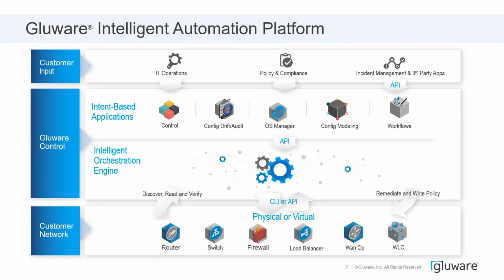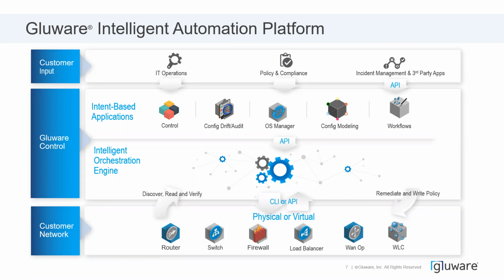And then finally, from the apps' point of view, and this is covered in research by 451 and others, the goal of automation is to begin to get beyond just low-level task-based work and move up towards automating procedures, automating end-to-end activities. And so the workflow capability within Gluware allows us to stitch those activities together and work anything that can be well-defined in a process.